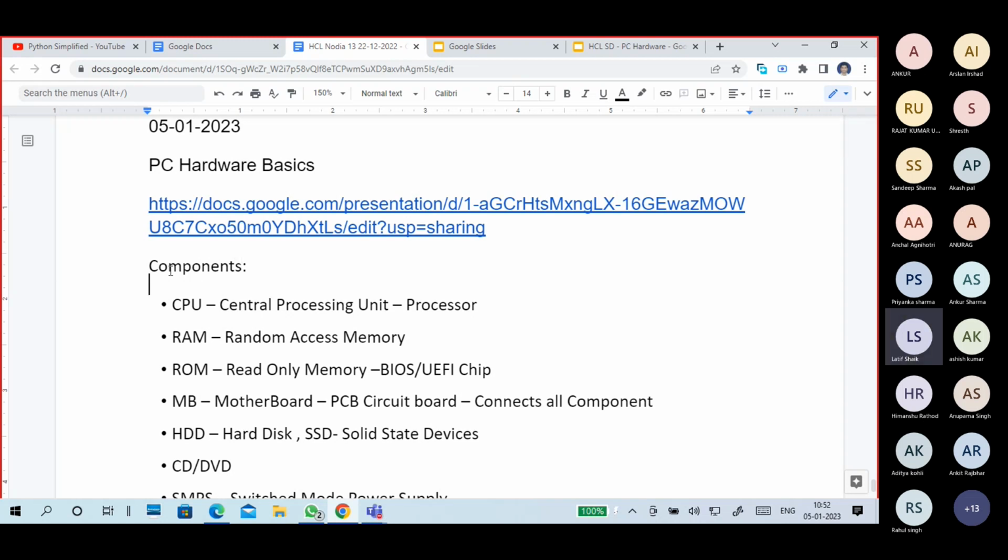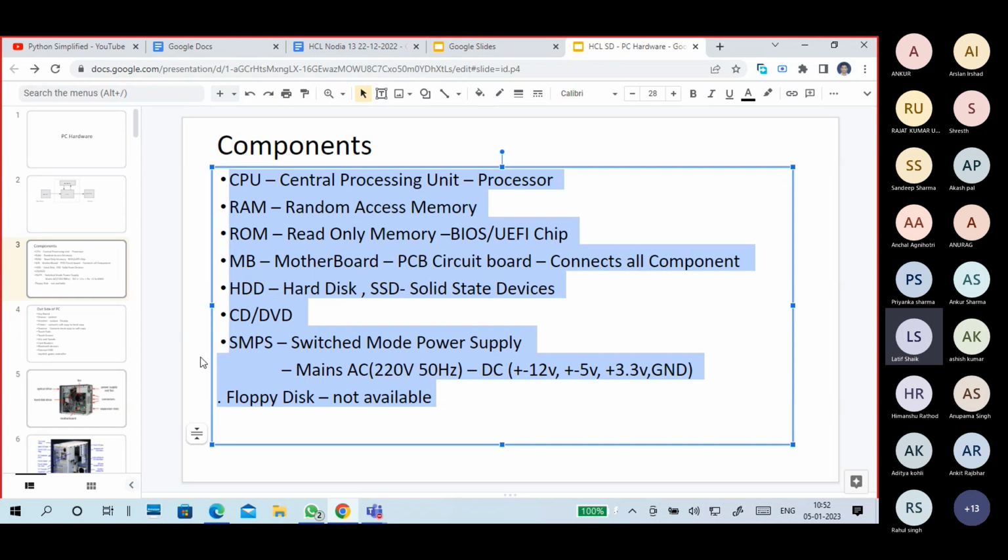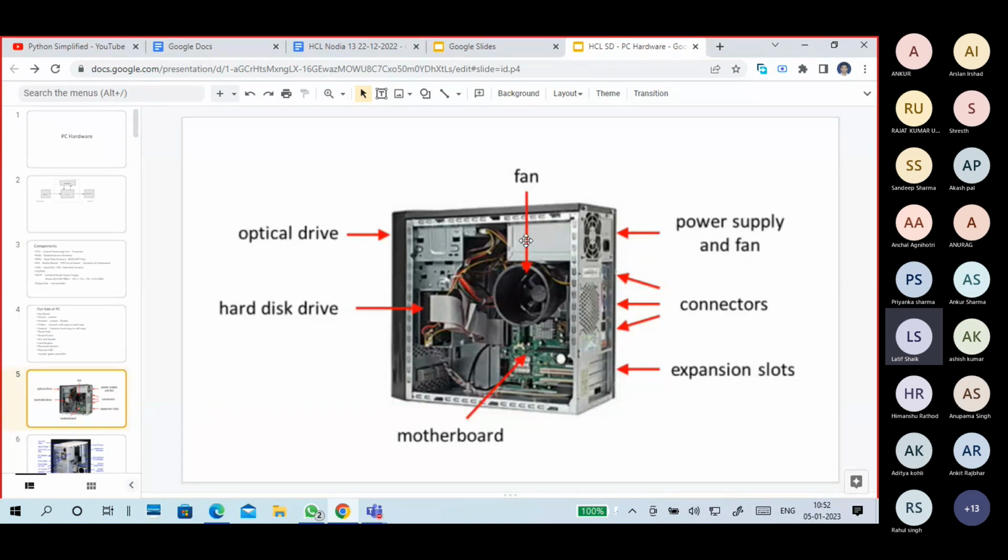Different components we use in networking, guys. Most of the time people call a cabinet a CPU. Some people even believe a laptop doesn't have any CPU. So it's a wrong concept.